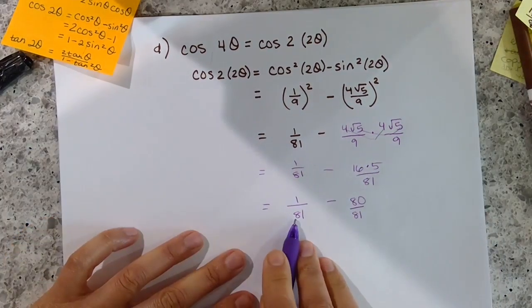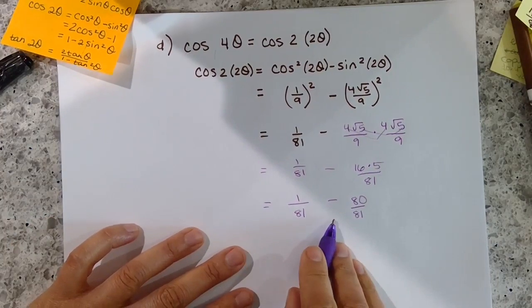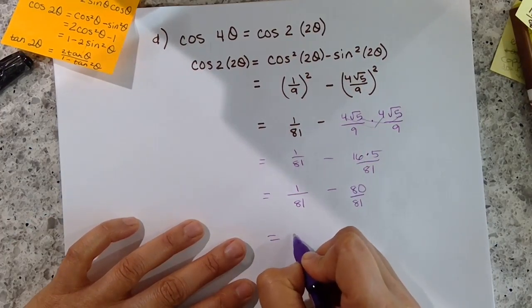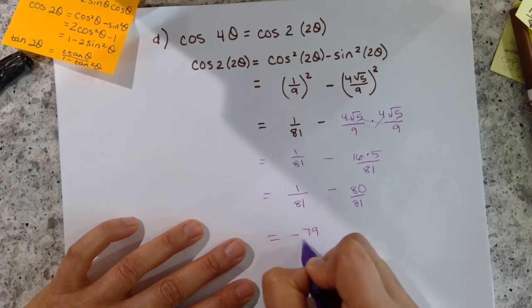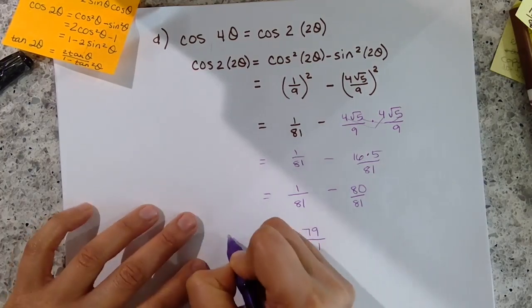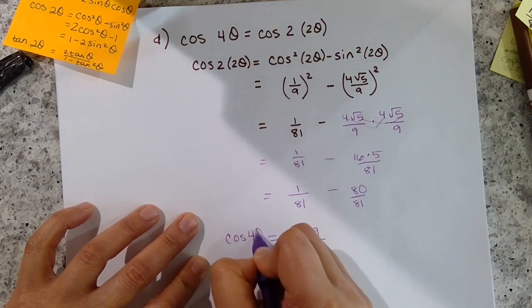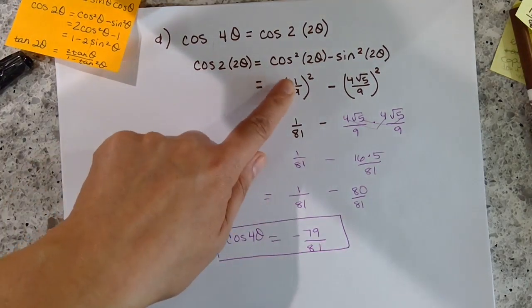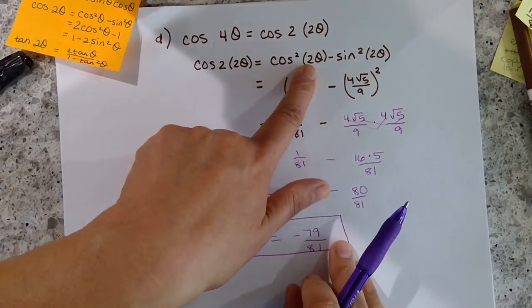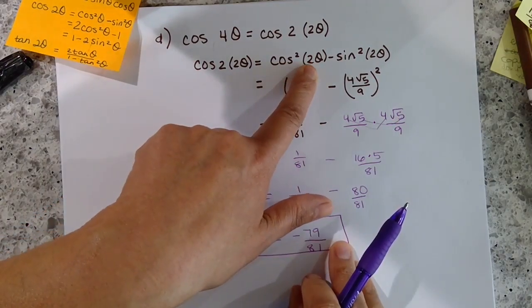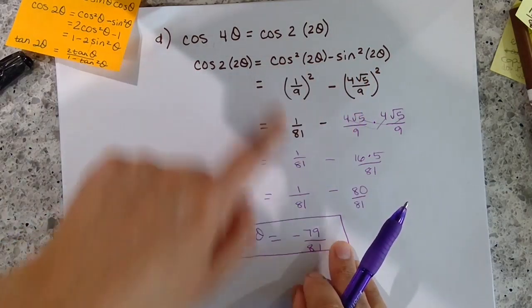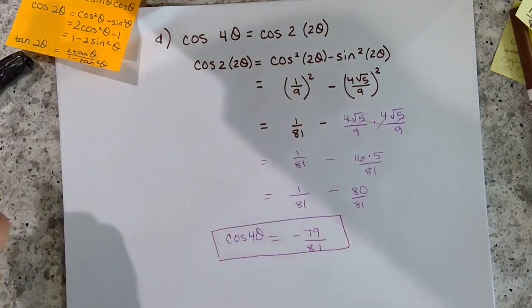Okay, so 1/81 minus 80/81 is negative 79/81. Okay. So again, this part was just knowing that you had already found that in the first part. So cosine 2 theta, sine 2 theta, and then plugging in those values which you had already calculated.